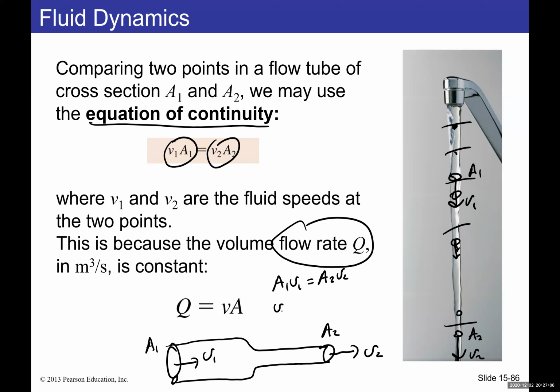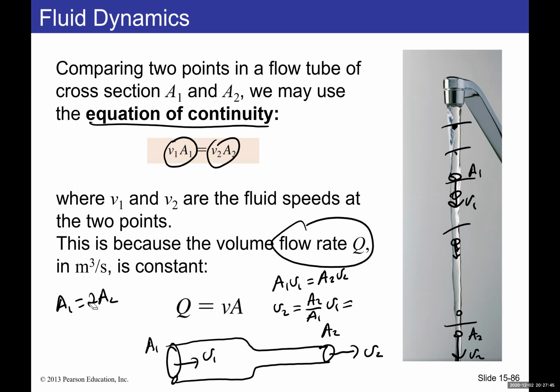So if I'm looking at V2, then this is basically A2 over A1 times V1, right? So rearranging for V2. Sorry, I actually made a typo here. Rearranging, I have to divide both sides by A2, so it's A1 over A2. So V2 equals A1 over A2 times V1. Let's say area 1 is double area 2, basically twice as big as area 2.